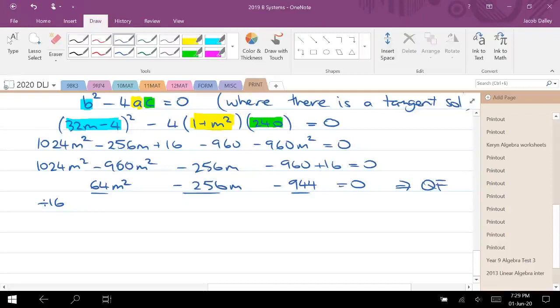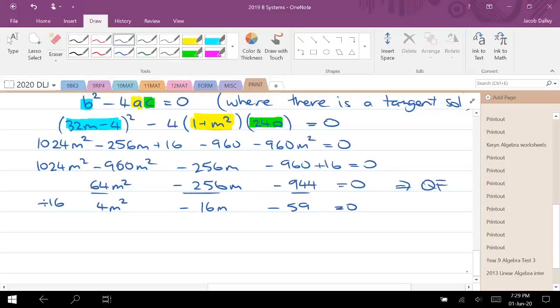So I just did that trial and error earlier. I'm not that smart, but I suspected because they were all even numbers. So 64, you're going to get 4m squared, 16m, and negative 59 equals 0.